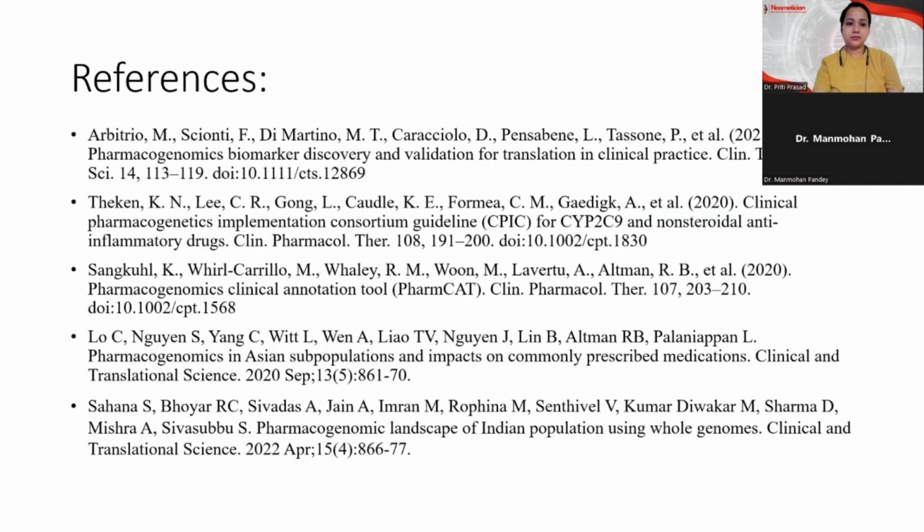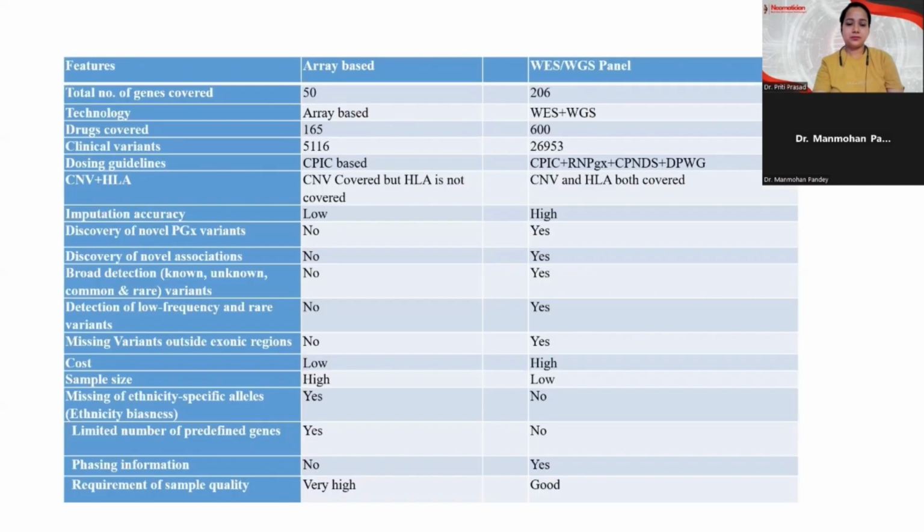Detection of low frequency and rare variants is also poor in the array based method. So every method has some pros and cons. CNV detection is very good in the array based method, but in WES and WGS that might be compromised. We also have a limited or predefined number of genes. So it totally depends upon your requirement, what exactly you want to go ahead with, because the array based method is much cheaper than the whole exome or whole genome based method.